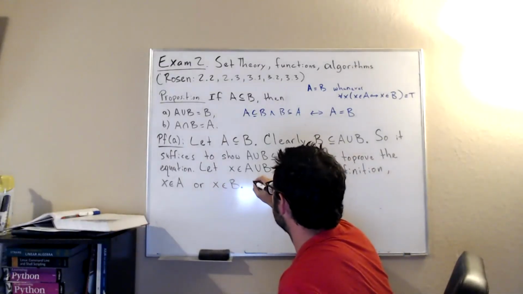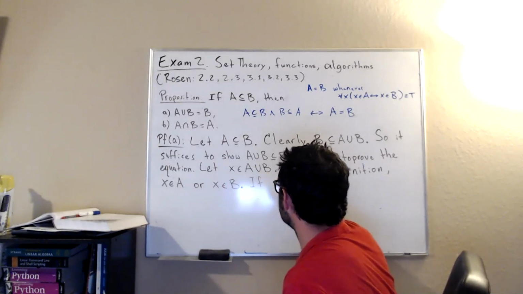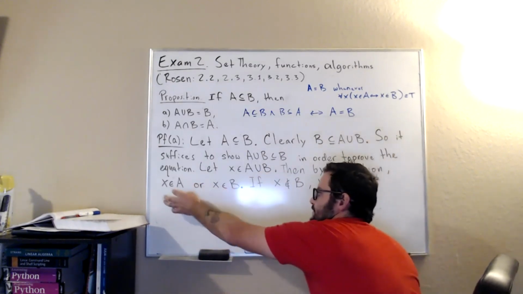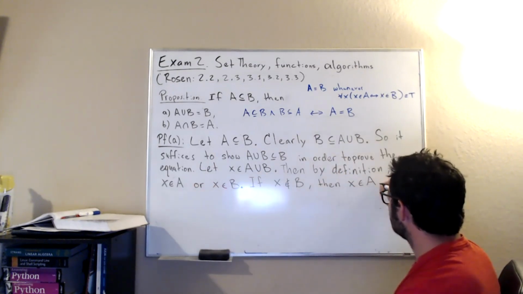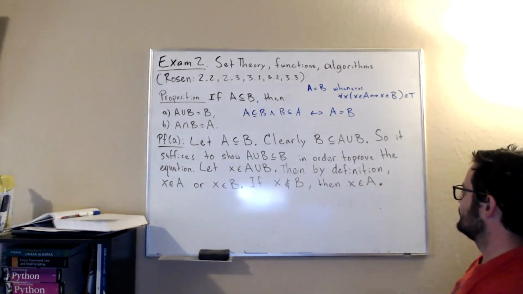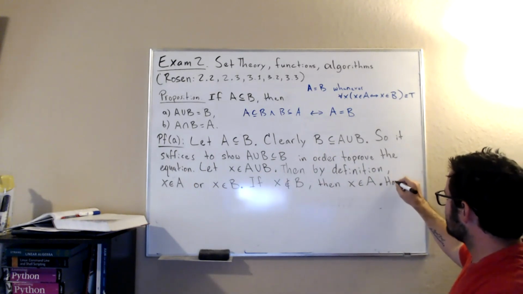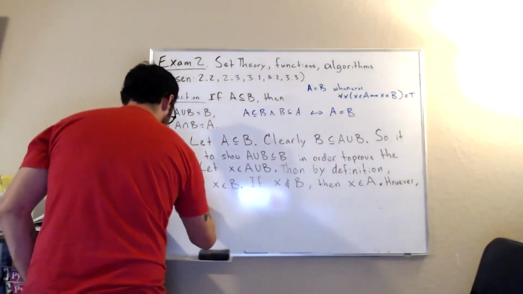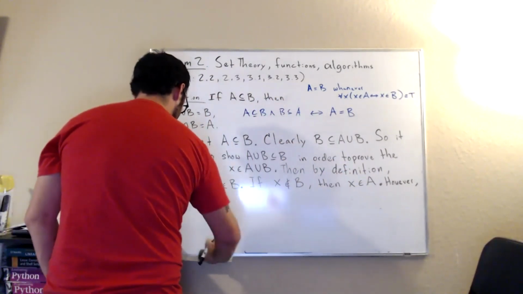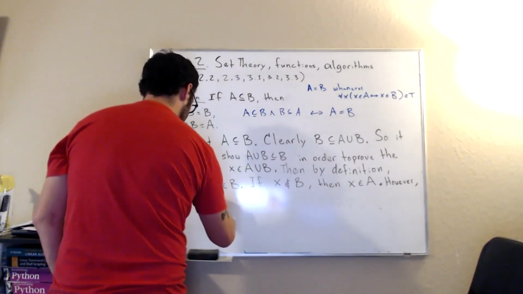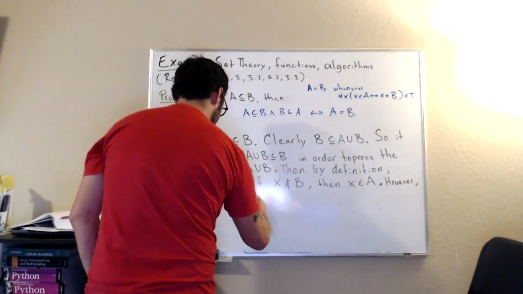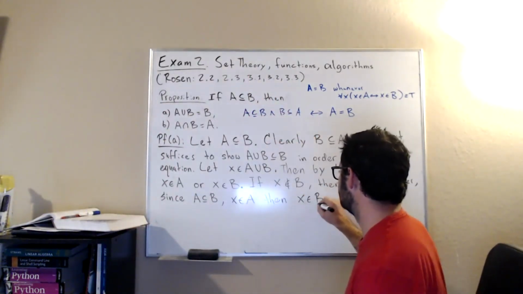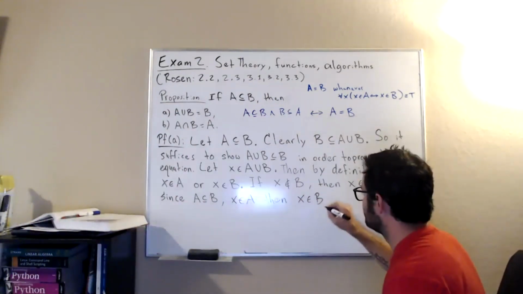So if X is not in B, then in order for this or to be true, X must be in A. And then maybe something like, however, since A is a subset of B, if X is in A, then X must be in B. Right?